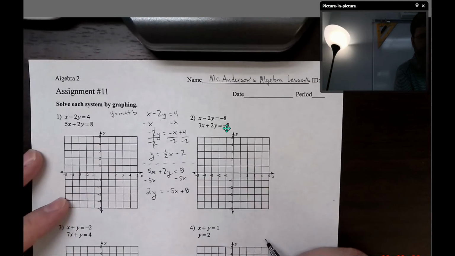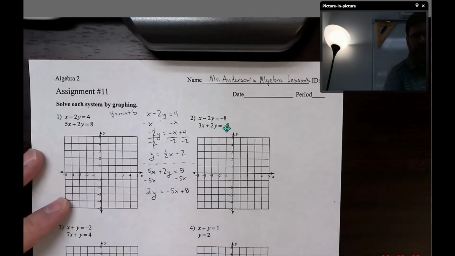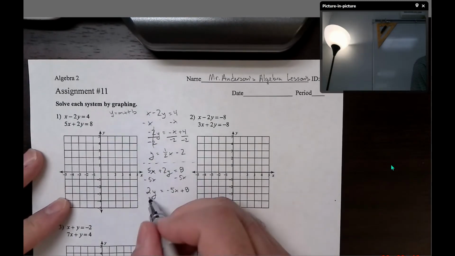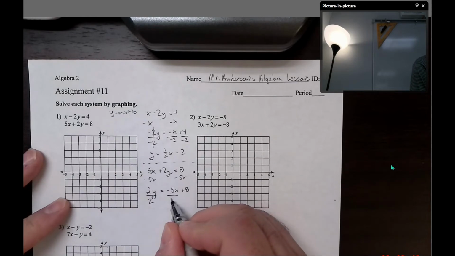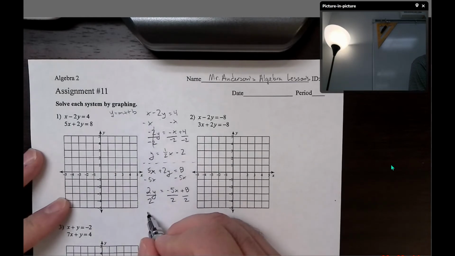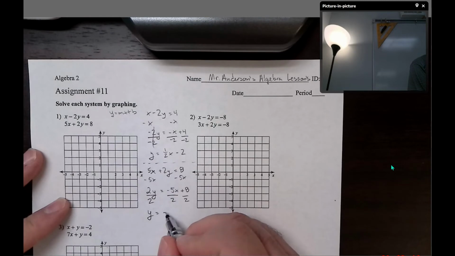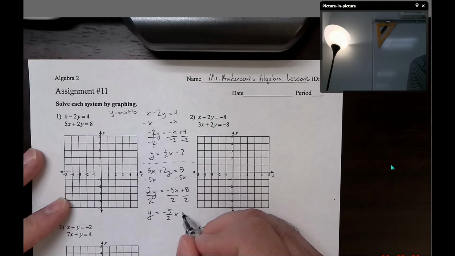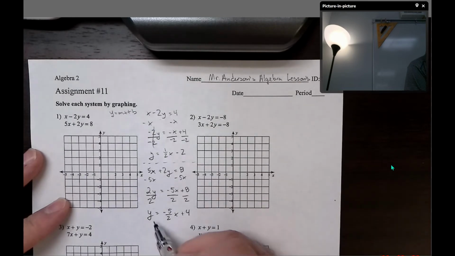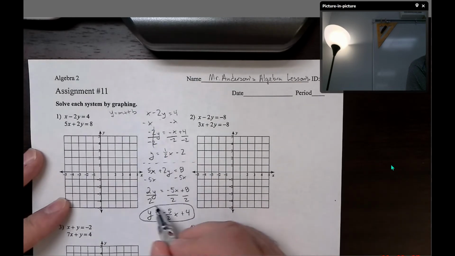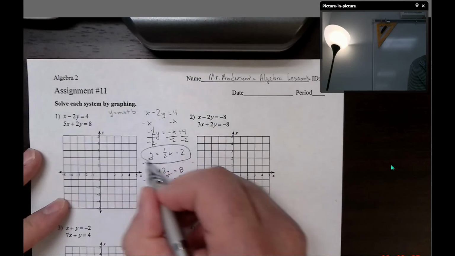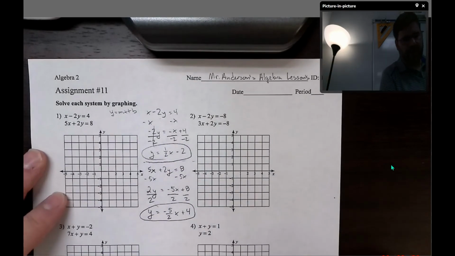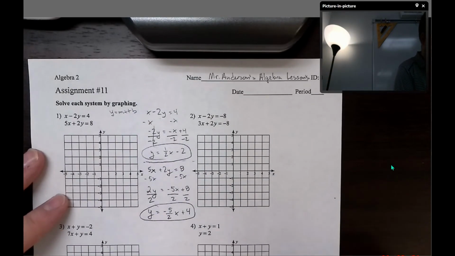And the same thing as last time, I'm going to divide everything by 2 on each side. And I'll find that y is equal to negative 5/2 x plus 4. And so I will have my two equations right here that I'm going to now graph.